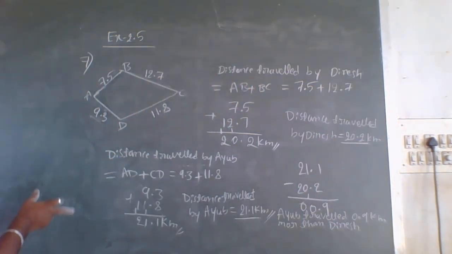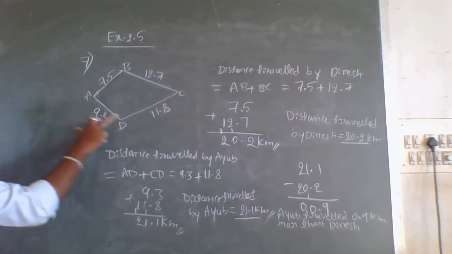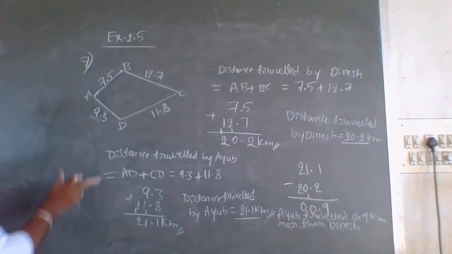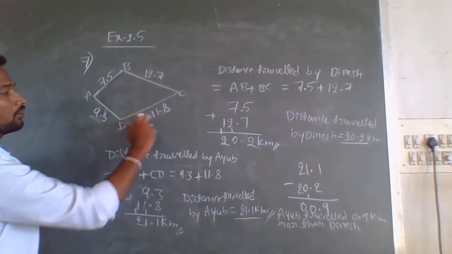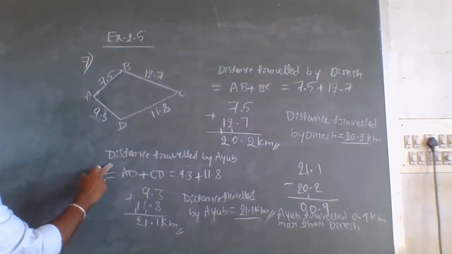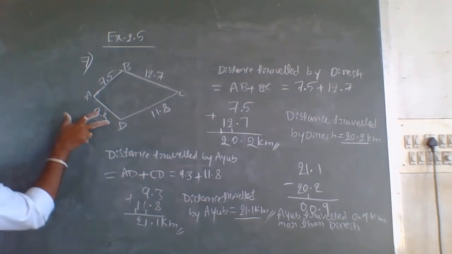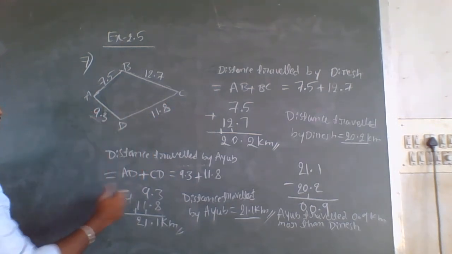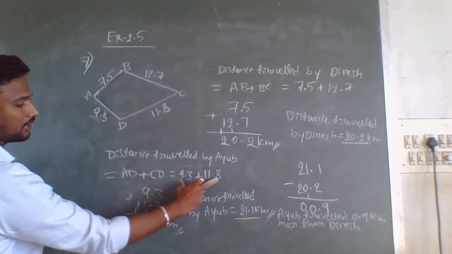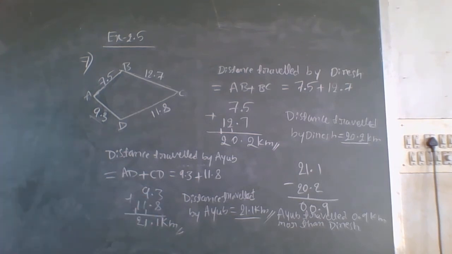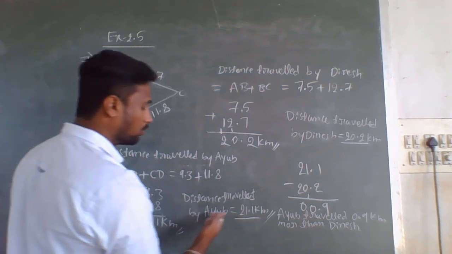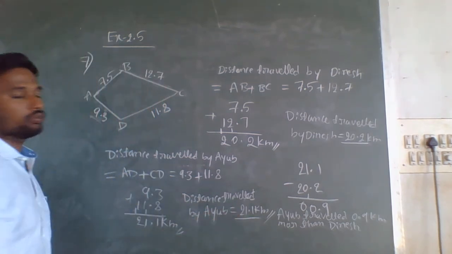Like that, Ayub travelled from A to D and D to C. Distance between AD is 9.3 and distance between CD is 11.8. So the distance travelled by Ayub equals AD plus DC or CD, so 9.3 plus 11.8. When you add these two values, what do you get? 21.1 kilometers.